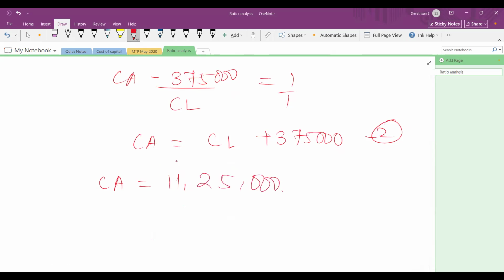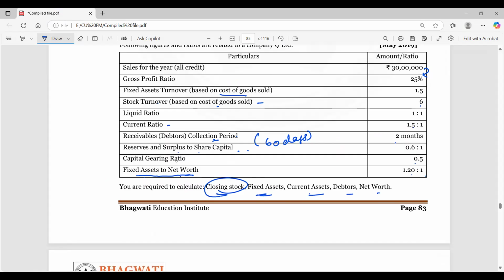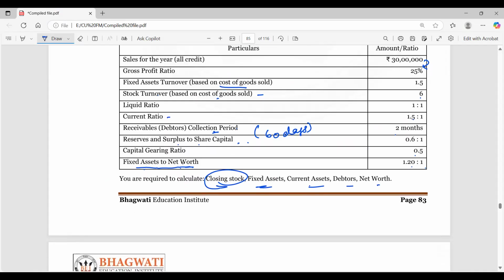Did everyone get this number? Everyone, last bench. Did you all get? You didn't get it. Not getting that answer. Then let me check. I will come. So those who are done, please calculate the value of debtors using receivable days. Finish it. You do the debtors calculation.